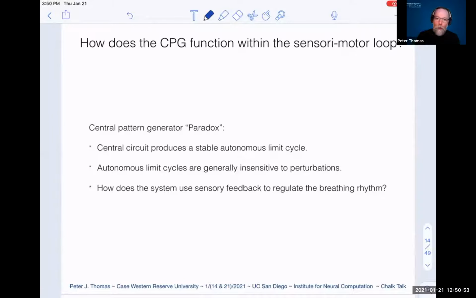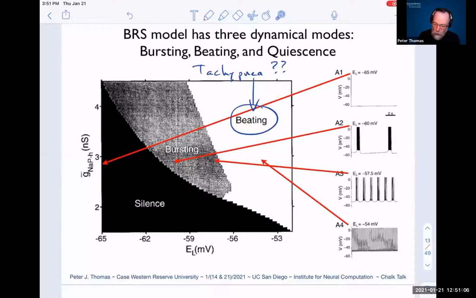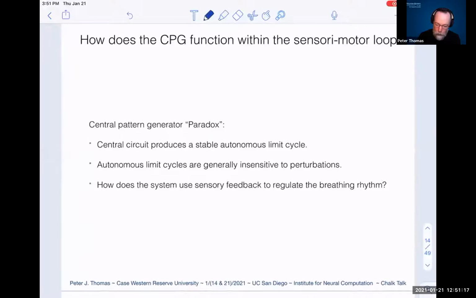But let me point out a sort of paradox, a central conundrum that is part of what motivated this work. All these systems that I showed here, or at least the ones that are oscillating, form limit cycles. As a dynamical system, as a system of coupled ordinary differential equations, that's an example of a limit cycle.